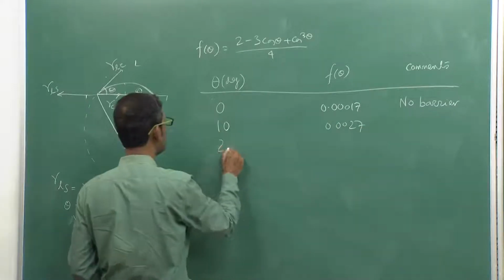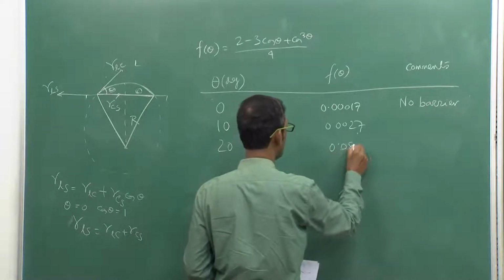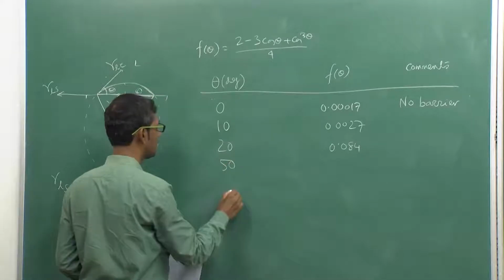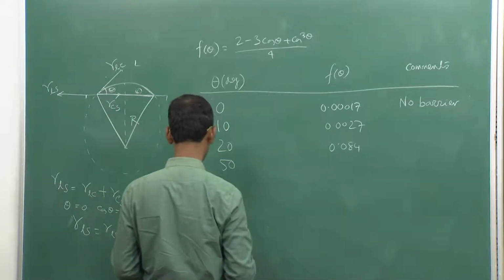If it is 20 degrees, still higher, and 50 degrees is higher still. At 90 degrees, it becomes 0.5.